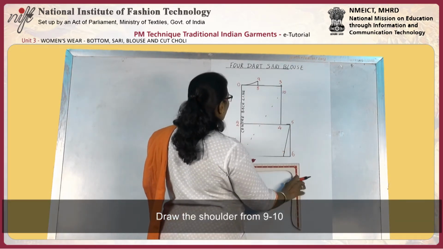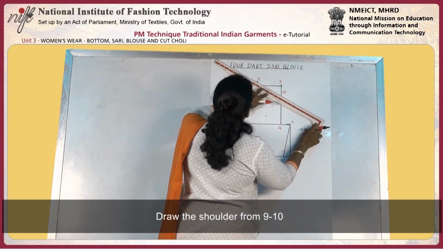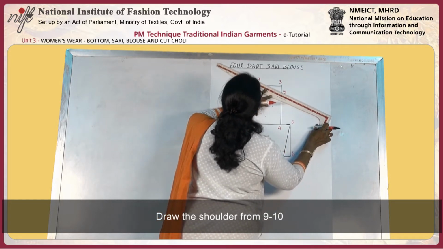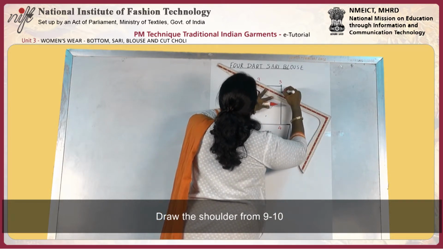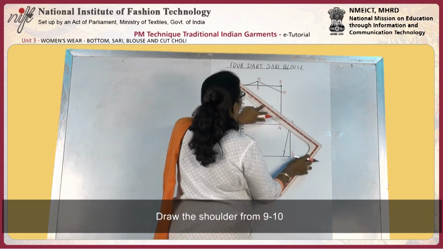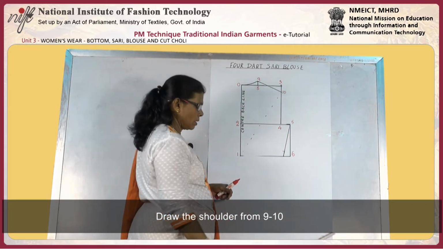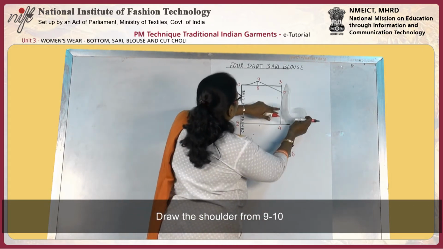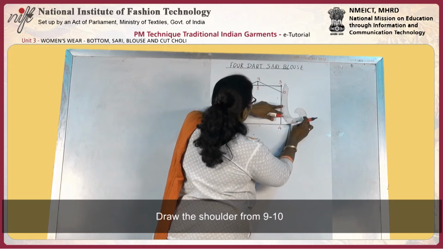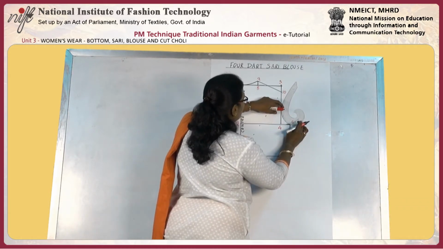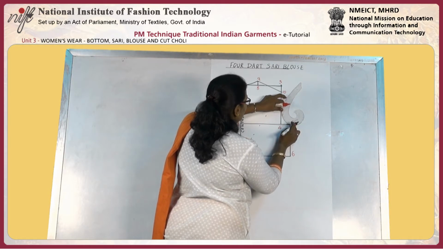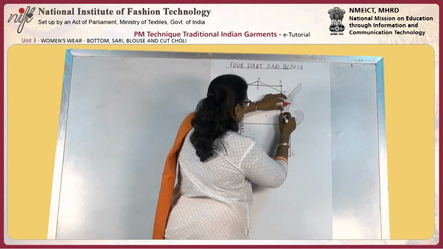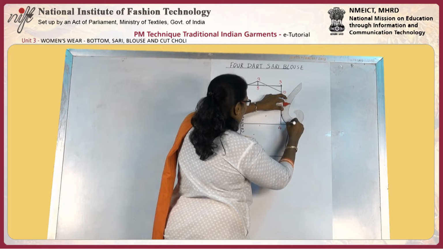Now we should join the shoulder from 9 to 10 and draw the back armhole from 10 to 5. Draw the back armhole 3/8 of an inch flat at the armpit.